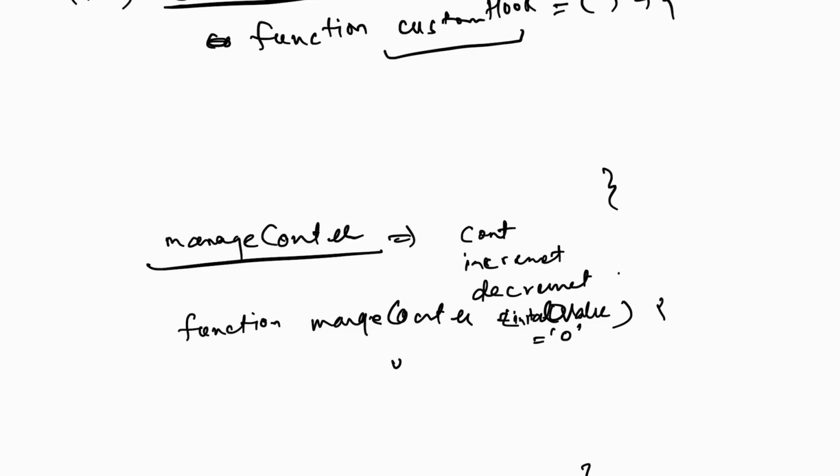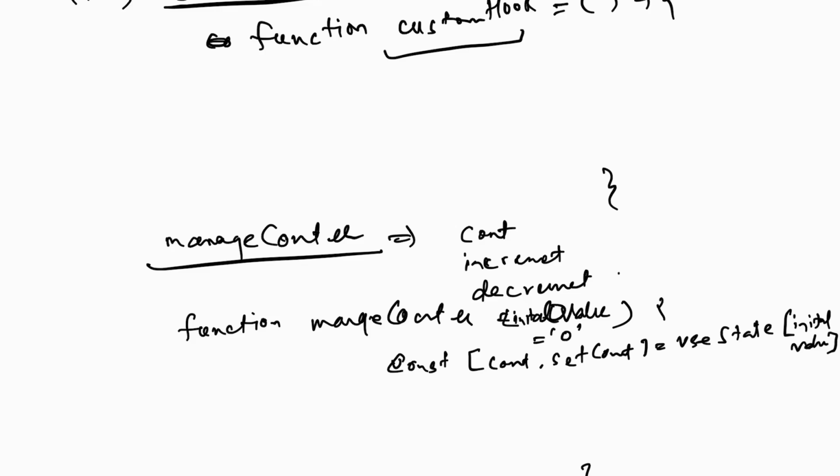I can create a state const count and a function set count is equals to use state. Okay, I'm giving initial value, the initial value passed to this function. Okay, now I have done this. Now, what I can have is another thing.